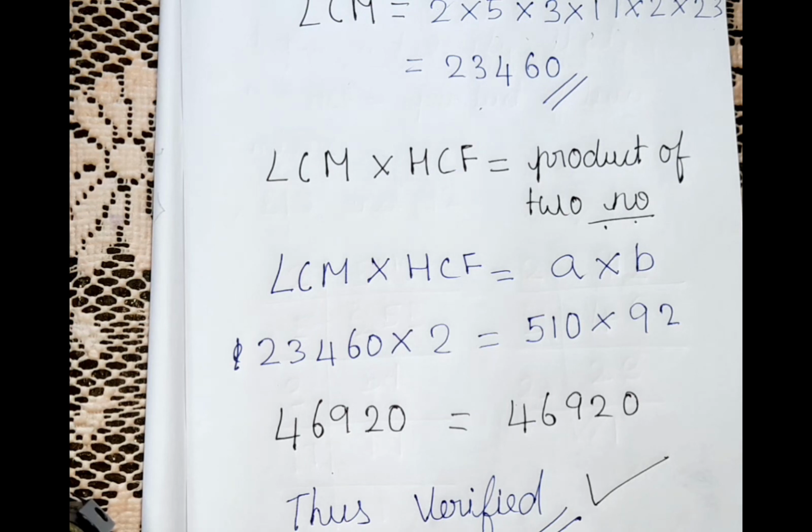So, the prime numbers are 2, 3, 5, 7, 11, 13, 17, 19, 23. These are the most important prime numbers. Please learn these prime numbers.